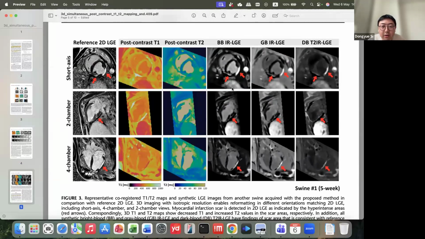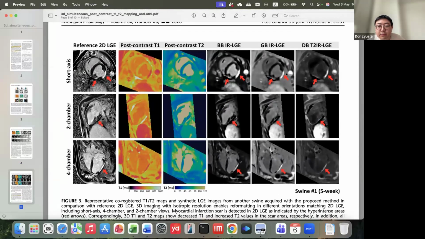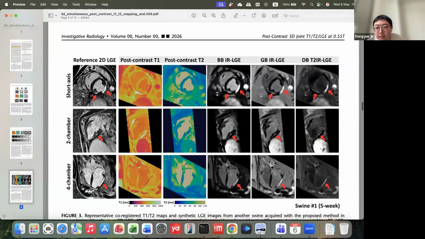We can see the myocardial scar in this area, while with the gray blood IR-LGE, we have a better contrast between scar and myocardium. Regarding the dark blood T2 IR-LGE, we don't have a good contrast for the structure of the heart, but this can be used to highlight the scar area.